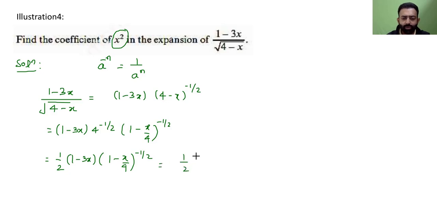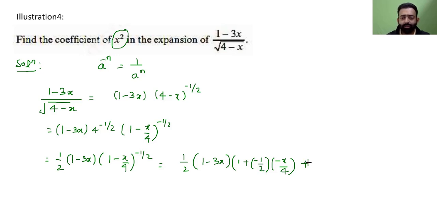This is 1 by 2, 1 minus 3x into, now value of n is minus half and x is minus x by 4. So I'm writing directly as 1 plus nx, putting the value of n as minus half. This is n, and value of x is minus x by 4. This is 1 plus nx, and till x square we have to expand this.